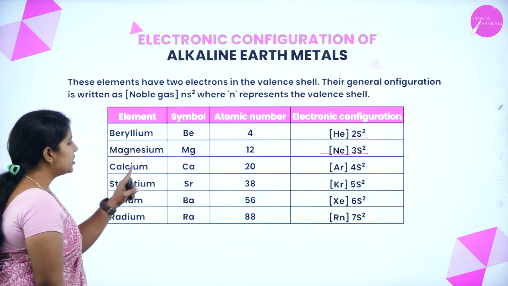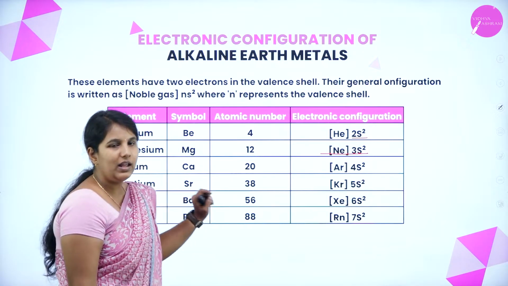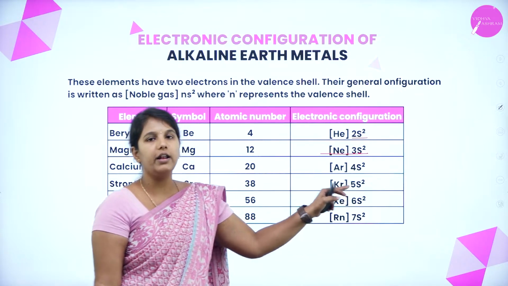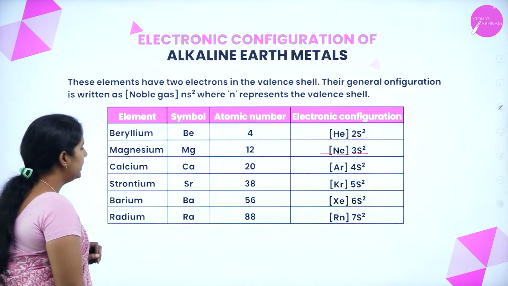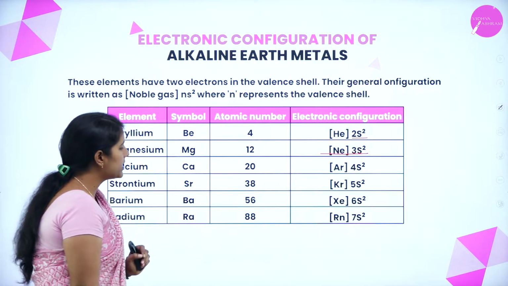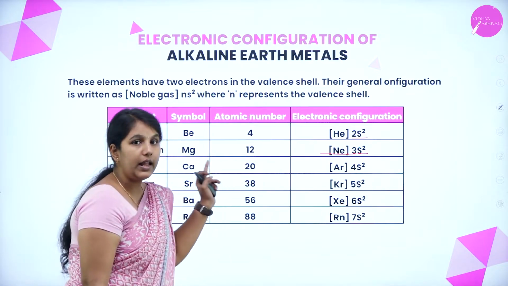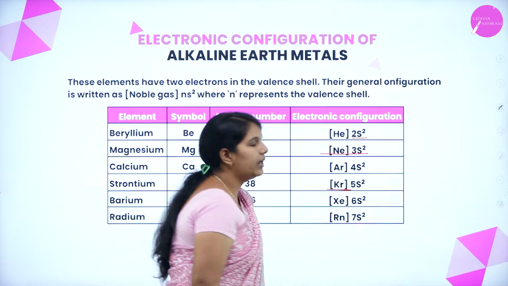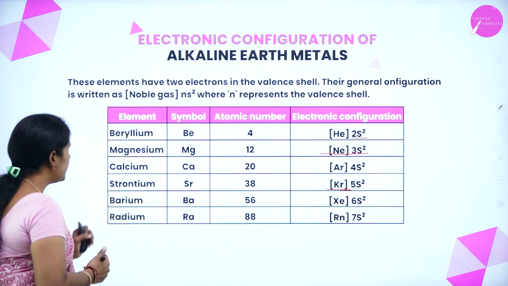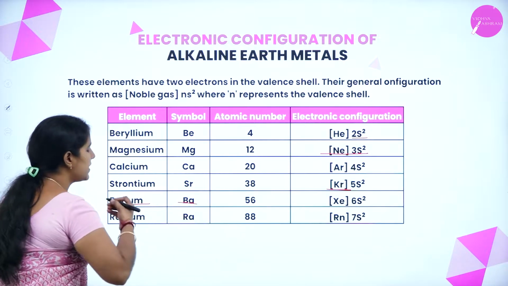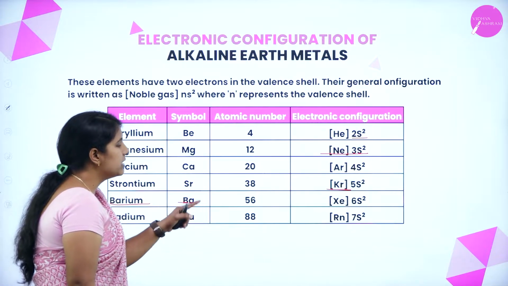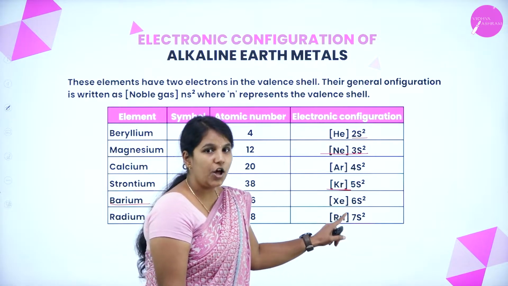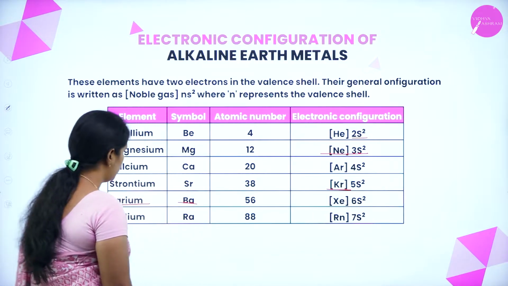Similarly, calcium has 20 electrons and the electronic configuration is argon 4s2. Strontium, denoted as Sr, has 38 electrons and is represented as krypton 5s2. Barium, represented as Ba, has 56 electrons and is represented as xenon 6s2.